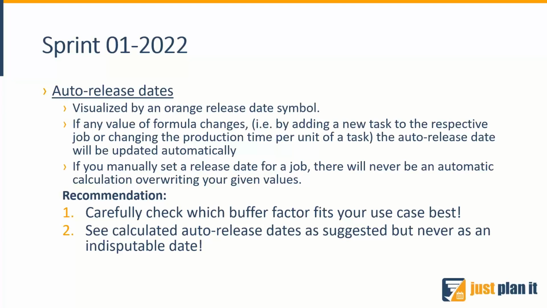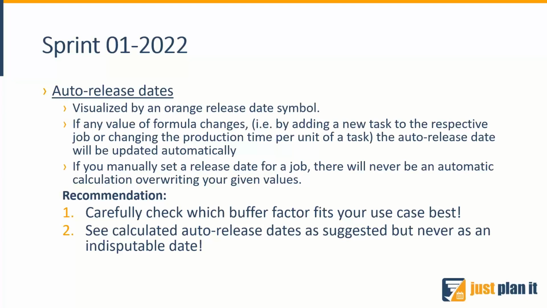So that means if you change something within a job that still refers to an auto release date, e.g. you change the duration of a task, so let's say you increase the production time per unit of a task, or you add a task, then the automatically calculated release date will be calculated anew and updated accordingly.